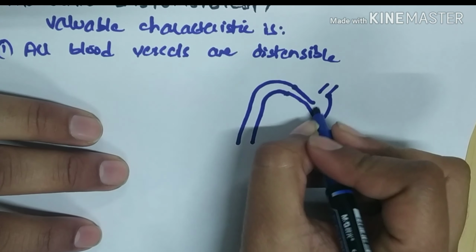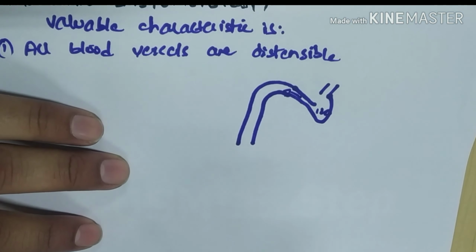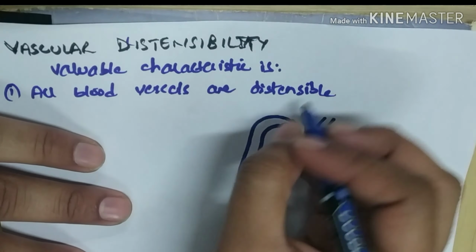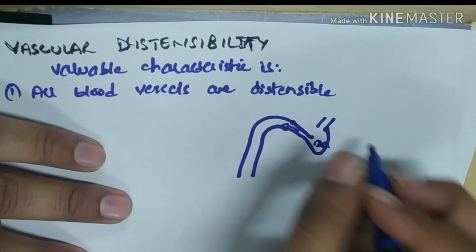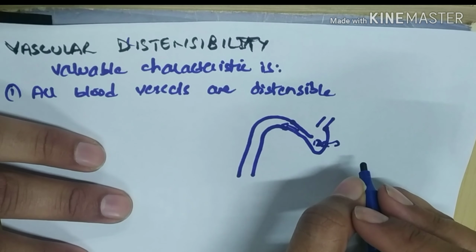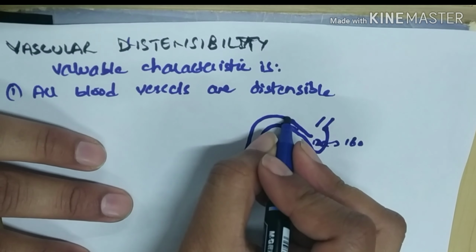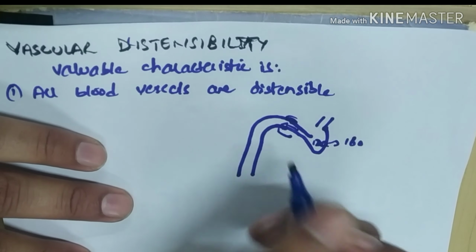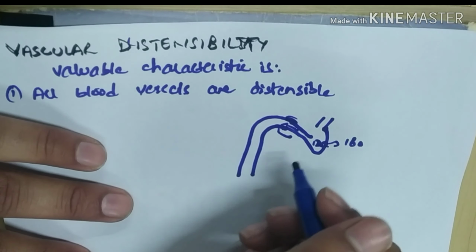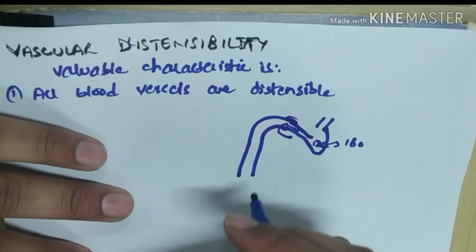Assume that here the pressure is 120 and this pressure is running towards the aorta. In pathological conditions, this 120 pressure goes up to 160 sometimes, and the aortic wall has to stretch, that is, it has to increase its volume so that it can accommodate the volume of blood that is coming from the heart.